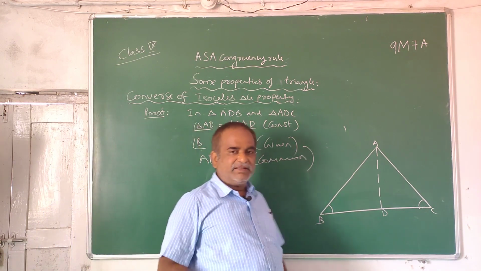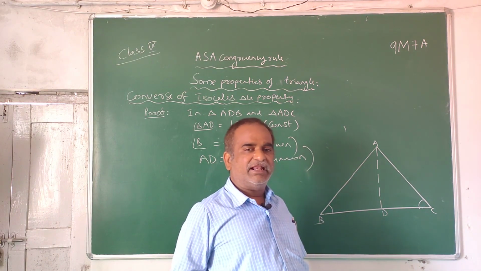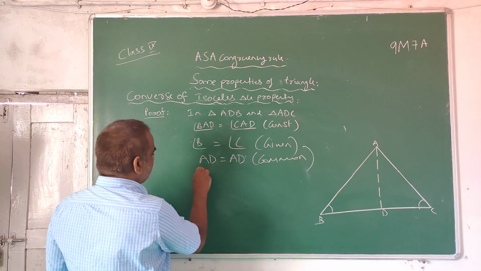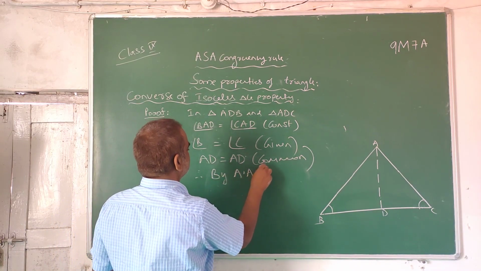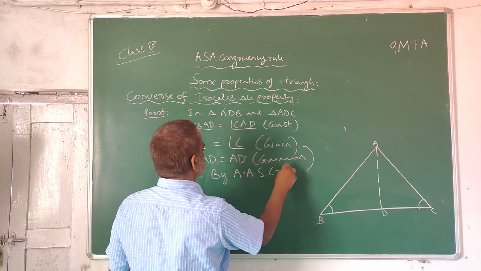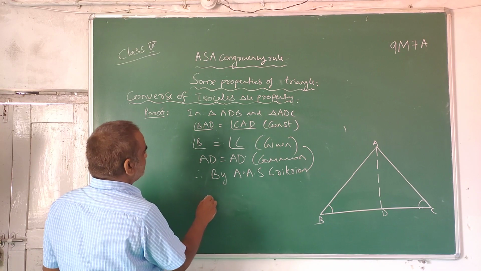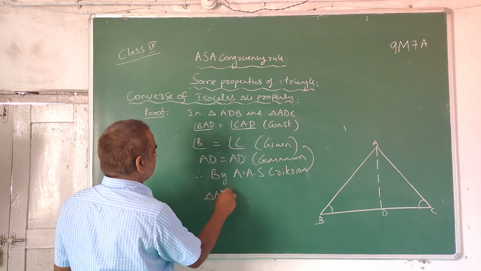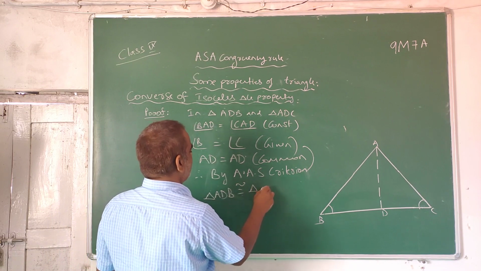Dear students, please do remember AAS also is one of the congruency criteria. Therefore, by AAS criteria, you can conclude that triangle ADB is congruent to triangle ADC.